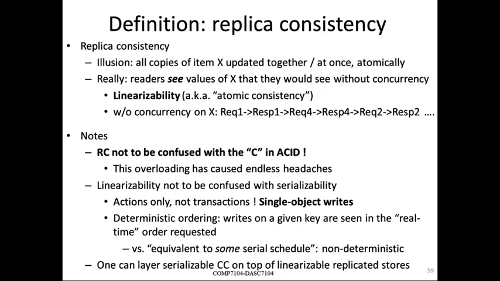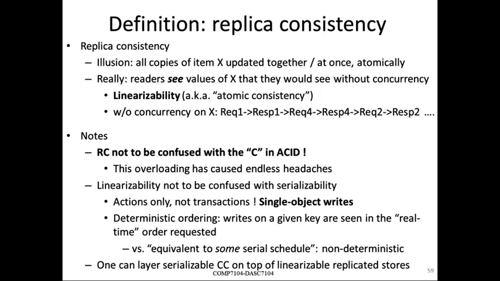We'll formalize what we can define formally as strong replica consistency by linearizability, which is discussed on the next slide. And intuitively, linearizability is equivalent to serializability, but for single items, such as record X.